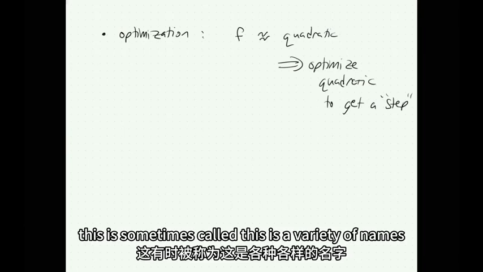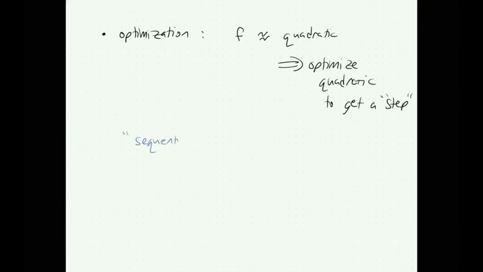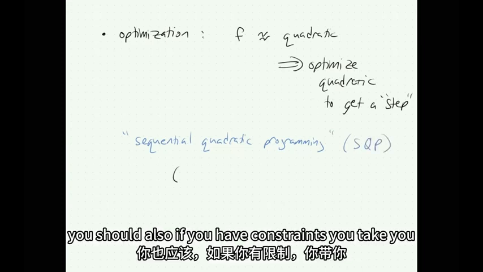This has a variety of names. It's sometimes called sequential quadratic programming, or SQP.